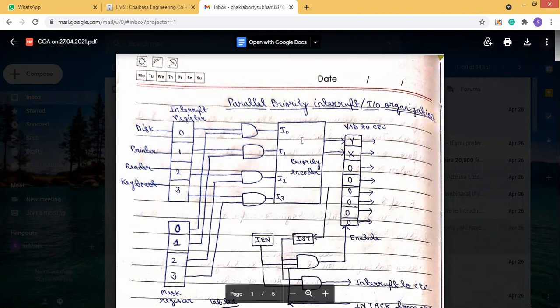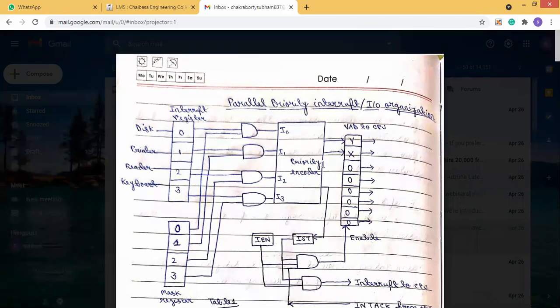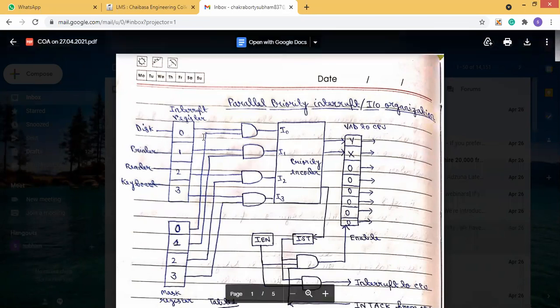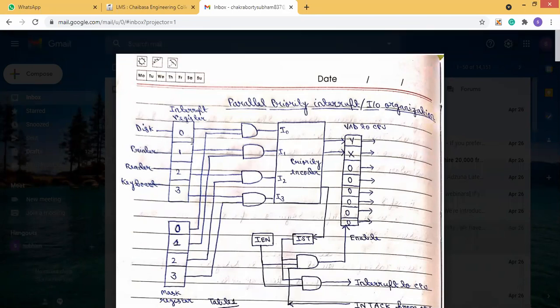First, what is the parallel priority interrupt? You see that there is a diagram in which there is an interrupt register, and in this interrupt register, all the input output devices, like disk, printer, reader, keyboard, are connected.